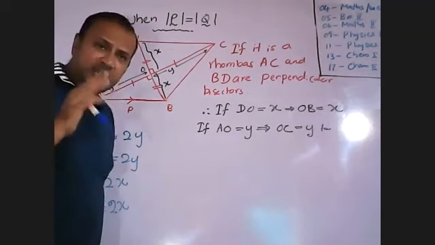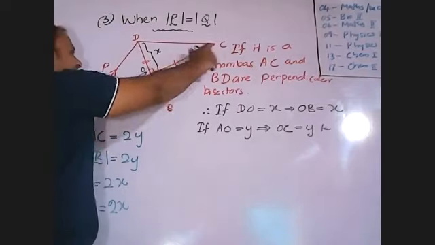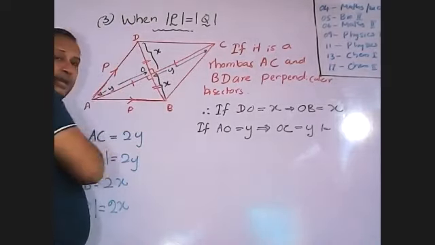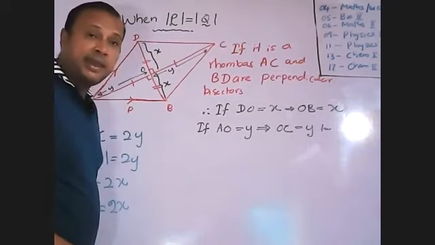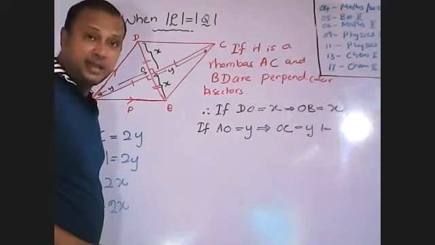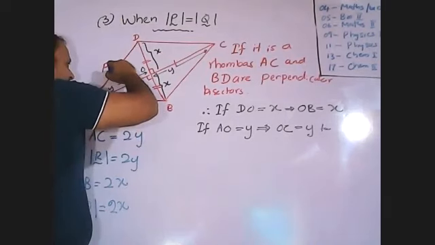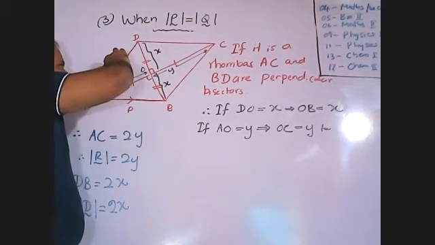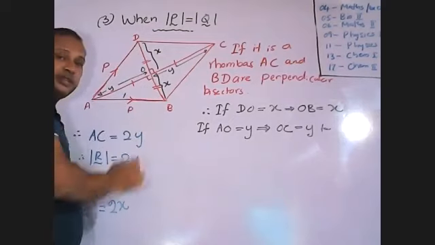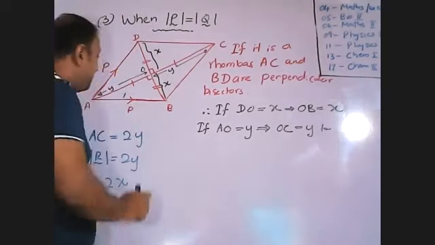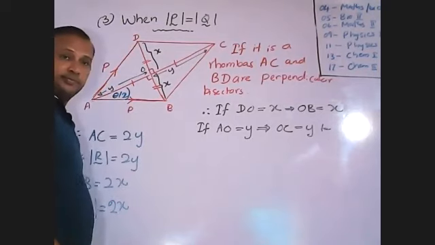Okay. If it is a rhombus, definitely AC is the bisector of this angle. Okay. So if you consider, suppose the angle between two forces is equal to theta, that means this one is theta over 2.